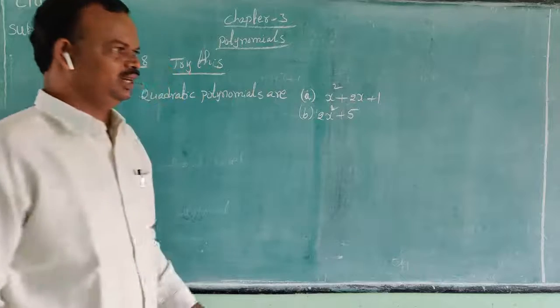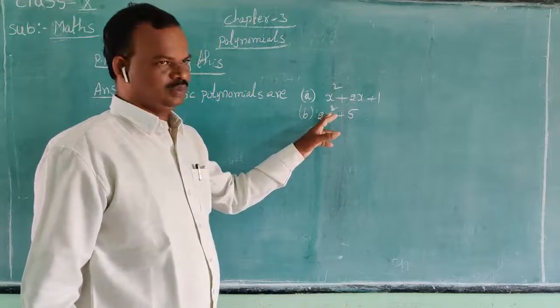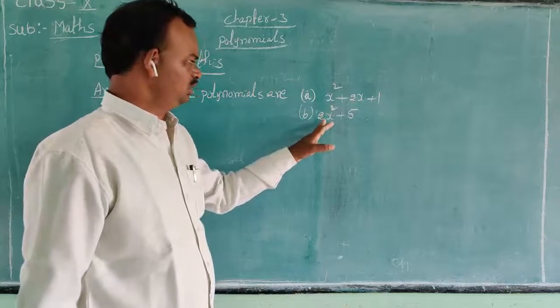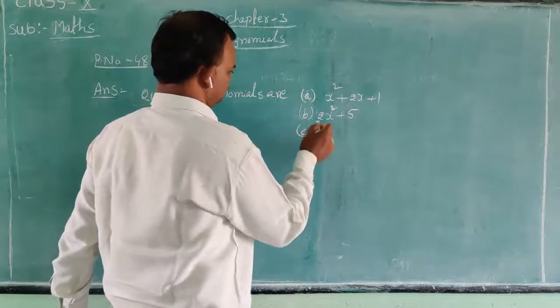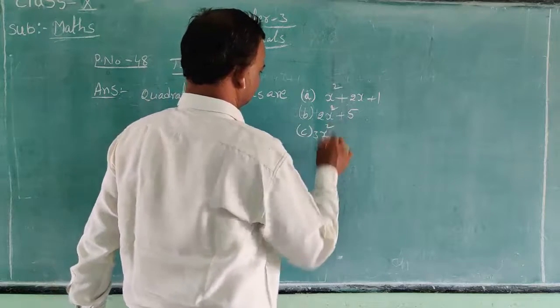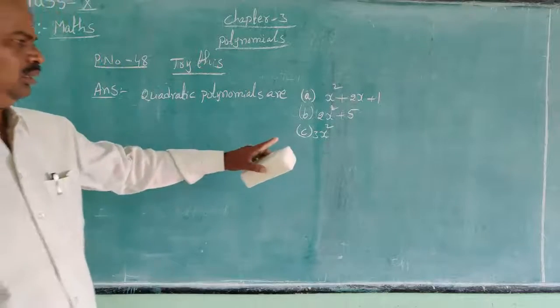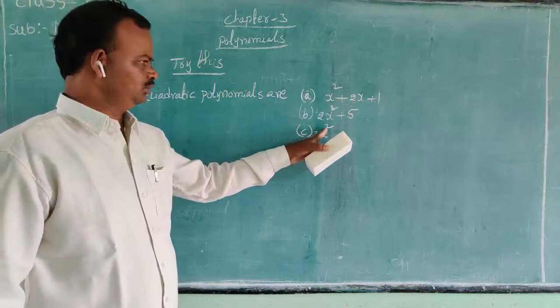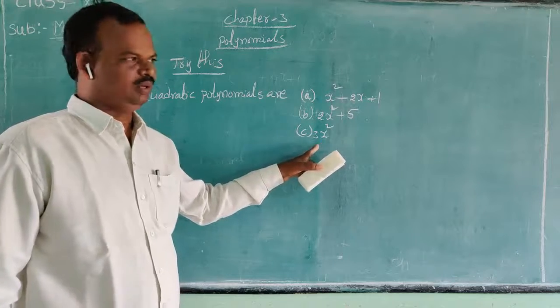It is also a quadratic polynomial, x power 2, positive. Next, the third one is also a polynomial. Here the power is 2, therefore it is a quadratic polynomial.